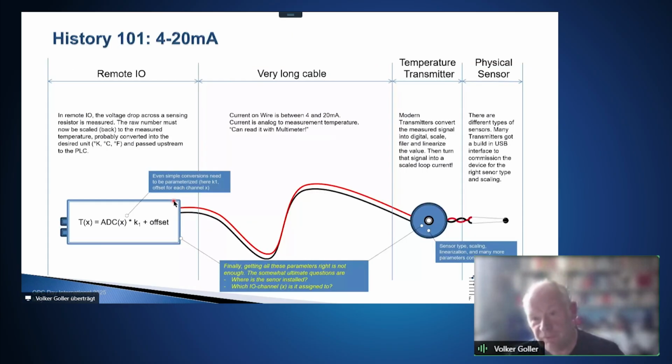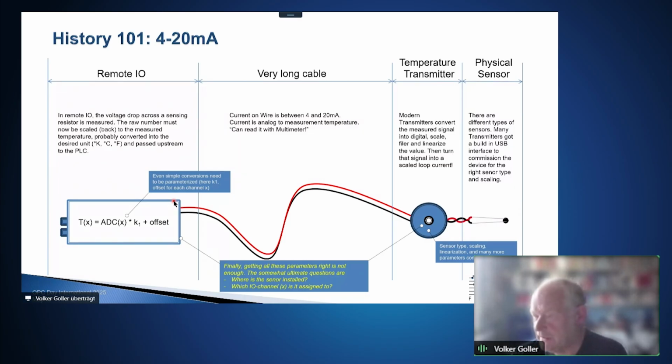Okay. So before we really understand the full beauty of APL and what it brings to the table, we need to do a bit of history. And the history is the 4 to 20 milliamp interface. This interface has been around for more than 40 years, I guess. It is very successful. It's everywhere, but it has some limitations.